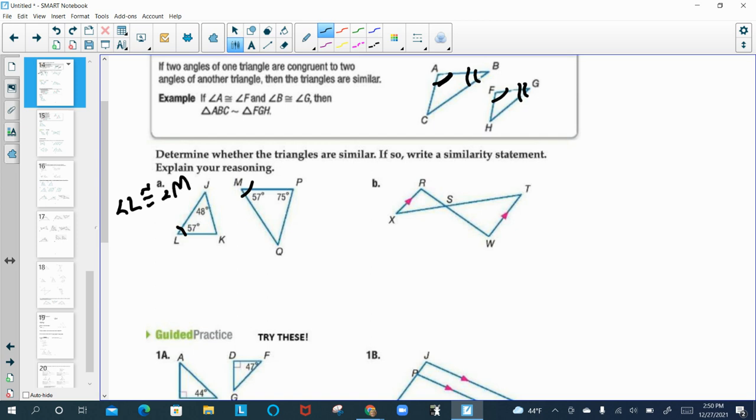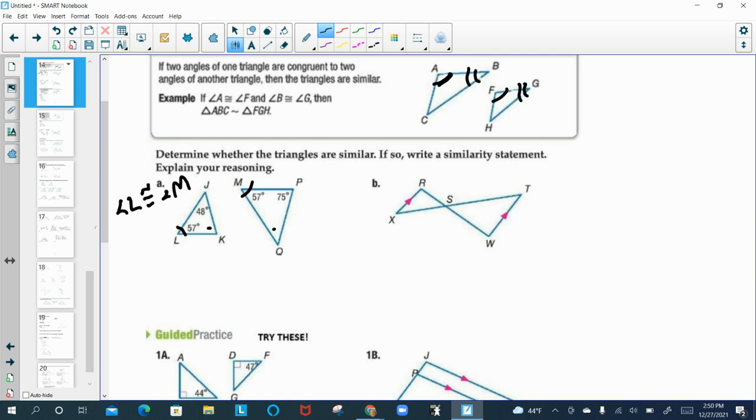But when we continue to look at the triangles, we do not see right away that there are any other pairs. And it's at this point that some people give up and say, no, they're not similar. But in both triangles you don't know angle K and you don't know angle Q.